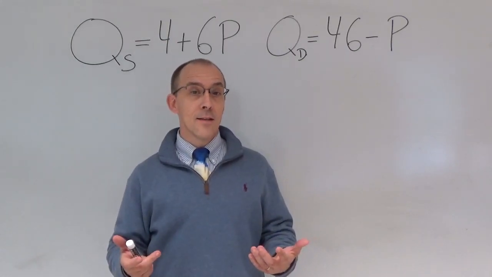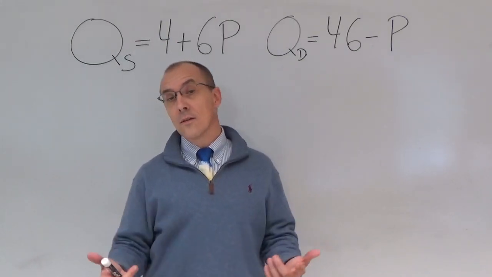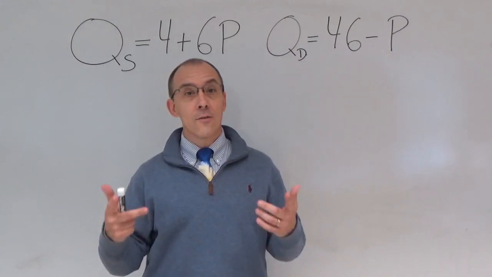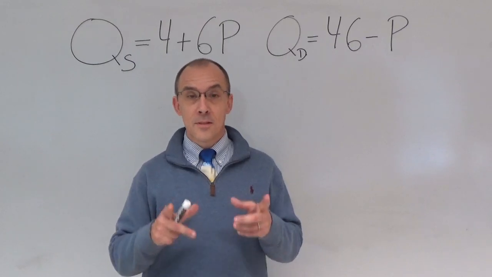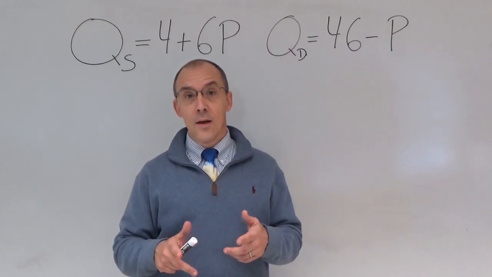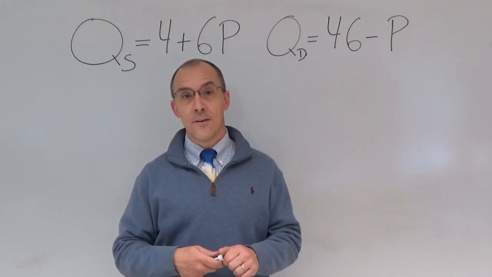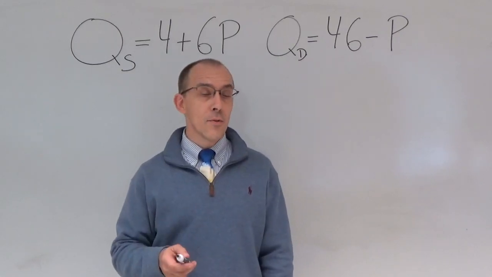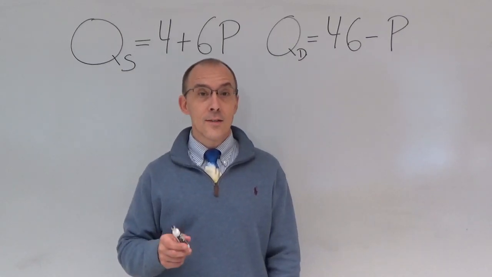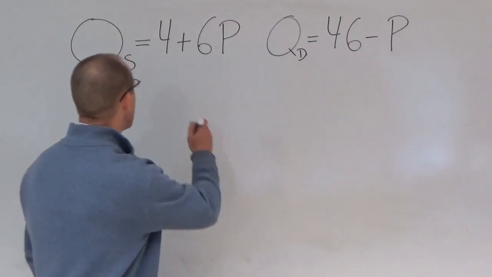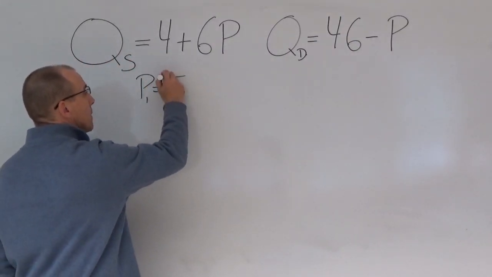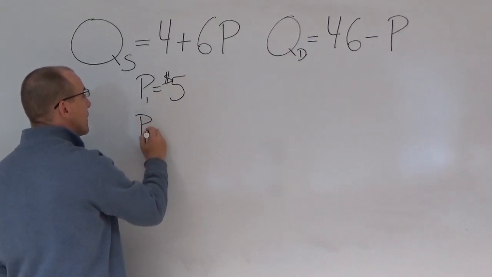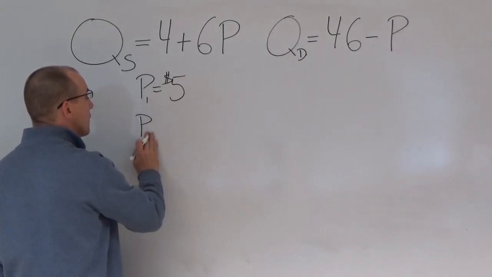Because elasticity can change along the length of the demand curve, we're going to focus on the specific range of the demand curve where our tax effect is taking place. So for both curves, we're going to look at the price elasticity between the price of $5 and a price of $8.